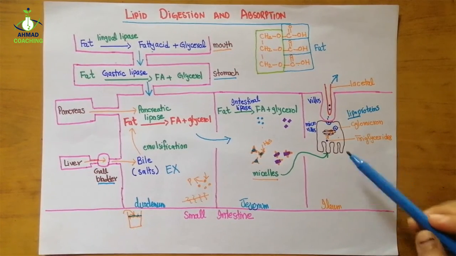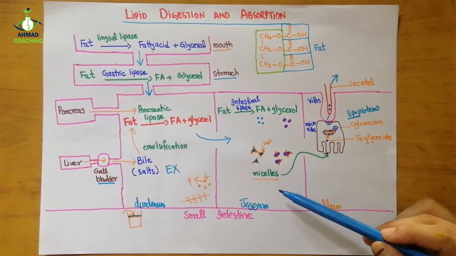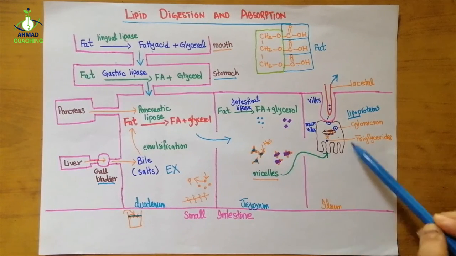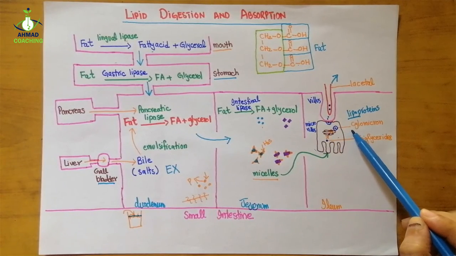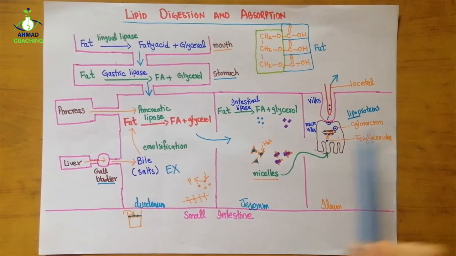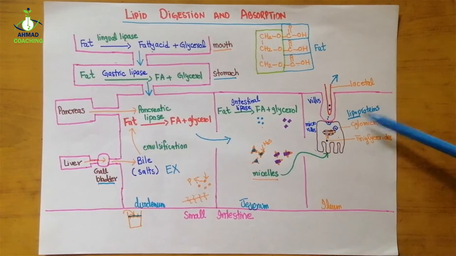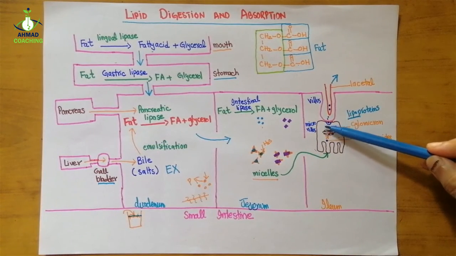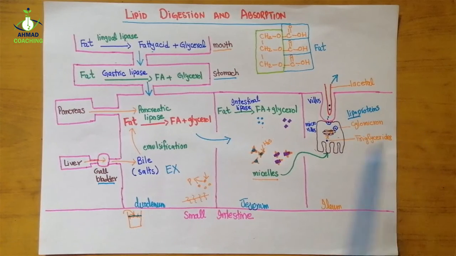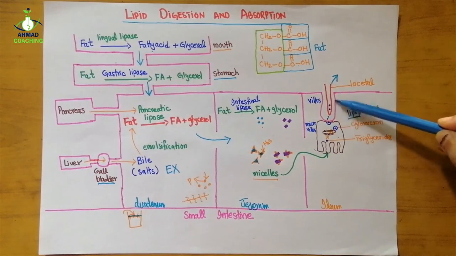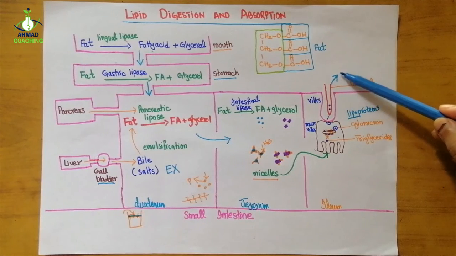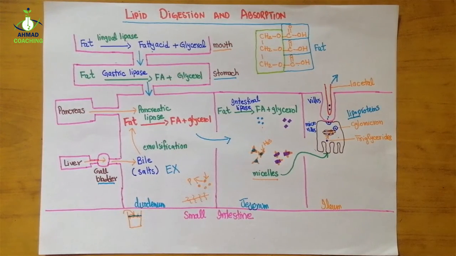So in this way, the lipid is digested and then absorbed into the microvilli, then transported in the form of chylomicron, fused with the villus. The chylomicron protein will remain in the microvilli, but only the triglyceride will enter into the villus and then the blood, and it will be taken to its destination. So this is how the lipid is digested and absorbed in the small intestine.